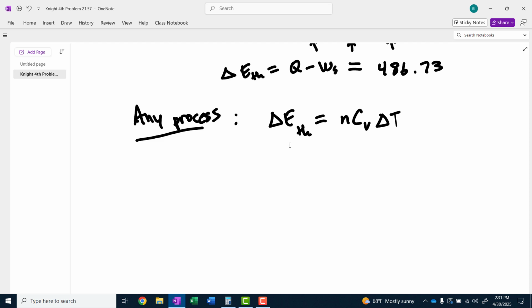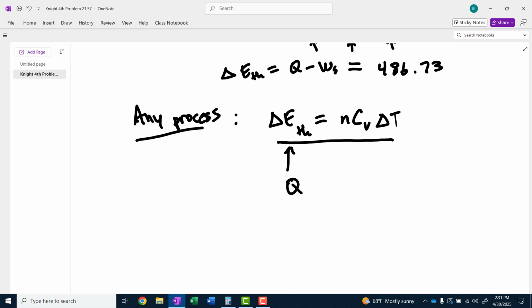But even if it's an adiabatic process or a constant pressure process, you can still use this, because you'll notice this is not the definition of heat capacity. If I put a Q here, if I was talking about the heat, then the equation would only be applicable for a constant volume process. But if I write delta E thermal, it's true for any process, which can be useful.